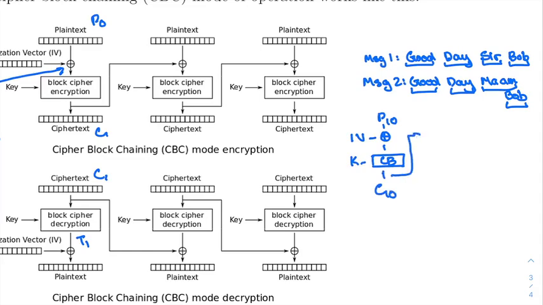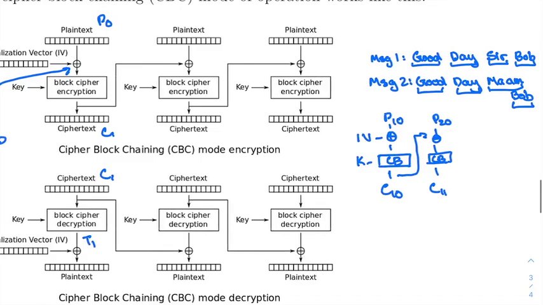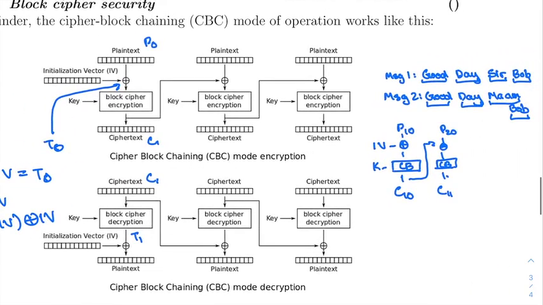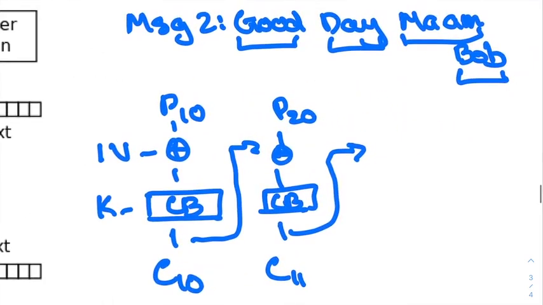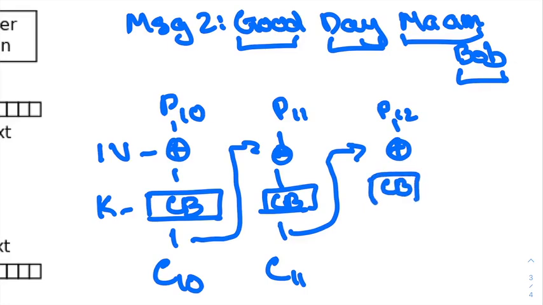And then we pass that in to P11, XOR, cipher block, and of course the key, I'm just not going to put that in, and this is still the first message, C11, right? And then this ciphertext gets used, so I'm going to just fill this out really quickly. P12, XOR cipher block, C12, right? So on and so forth.